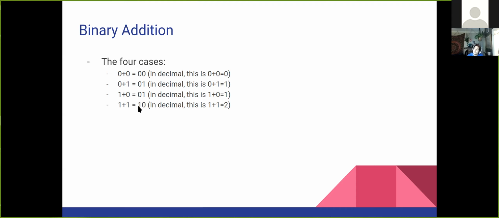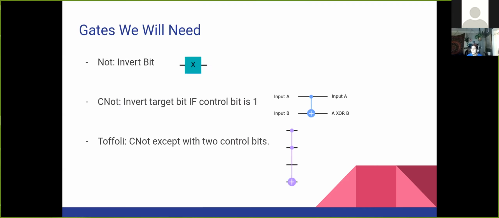Upon adding 1 and 1 getting 2, we carry over that 2 and put it over here, because this is 2 to the 2, whereas this is 2 to the 1. Implicitly it retains the same value, right? So those are the 4 cases, and we need to figure out how to address them with quantum gates. These are the gates that we're going to need.